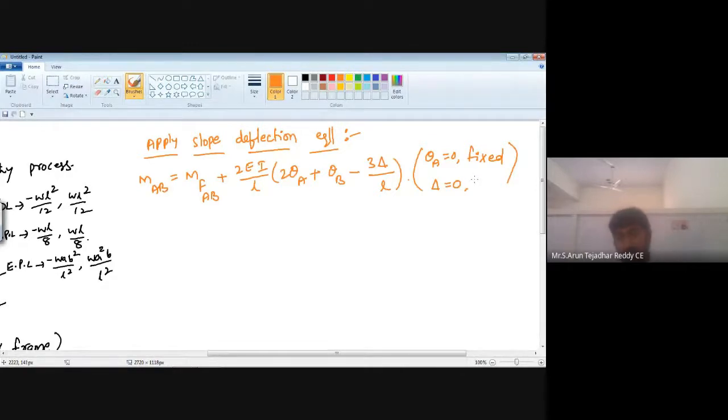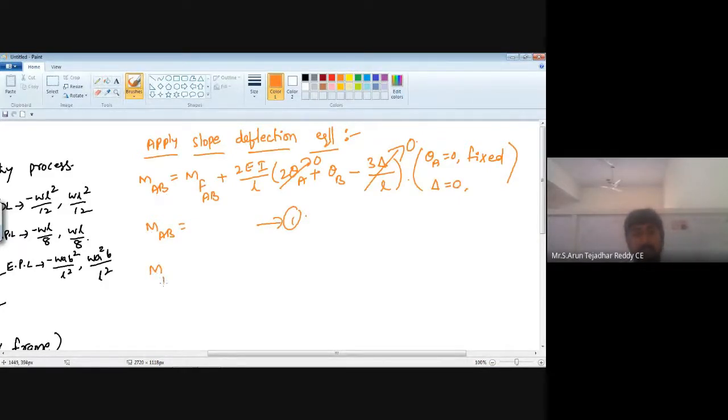In the non-sway frame, your deflection is always 0 for all points, not a single point. Now, theta A is 0 and delta is also 0. Already you know the MFAB value, so substitute that value. You are not kids; I can't tell you each and every point. Just substitute the values, then you will get the MAB equation. That gives one equation. Next, MAB completed.